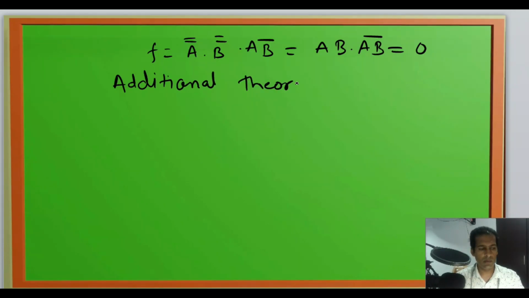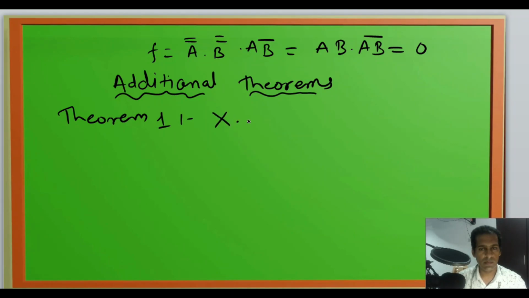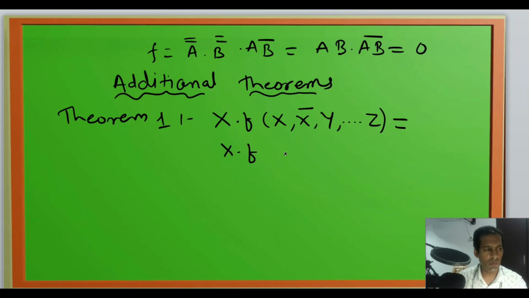Theorem 1 states that x into function f of x comma x bar comma y, and so on, maybe up to z, is equal to x into f function of 1 comma 0 comma y, up to some z.